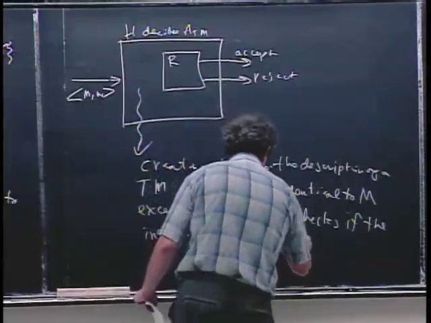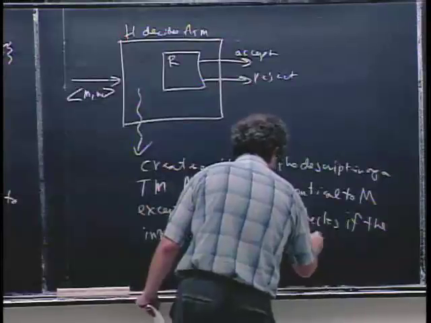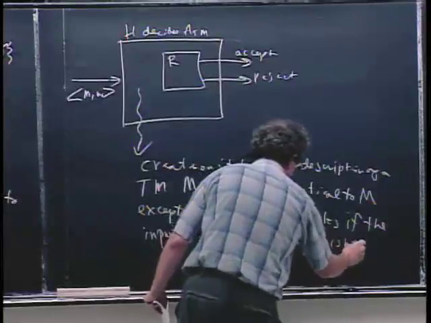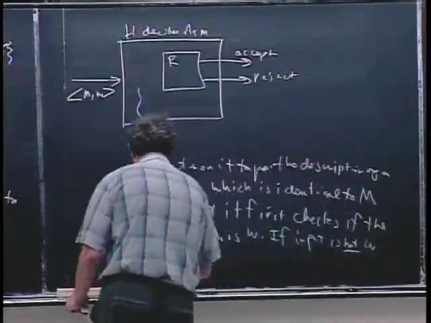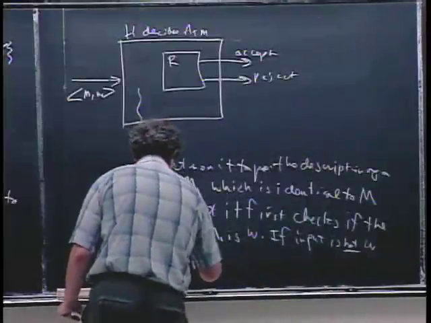Now, if the input is not W, then M1 rejects.